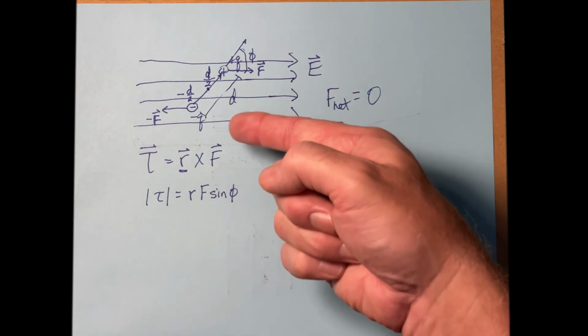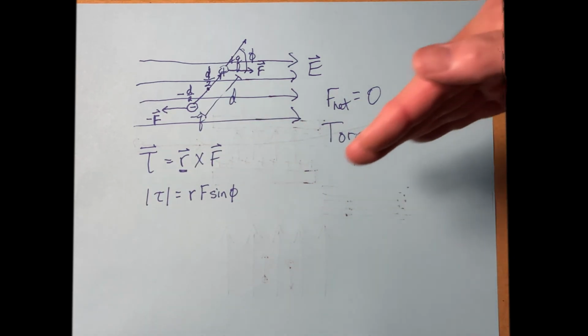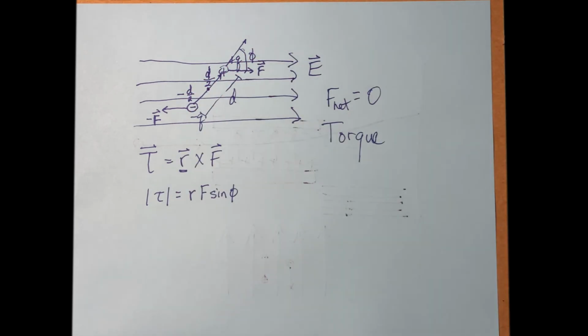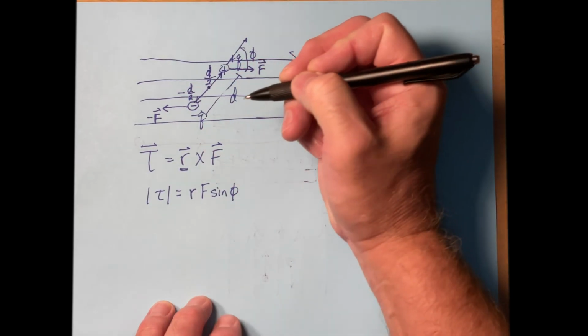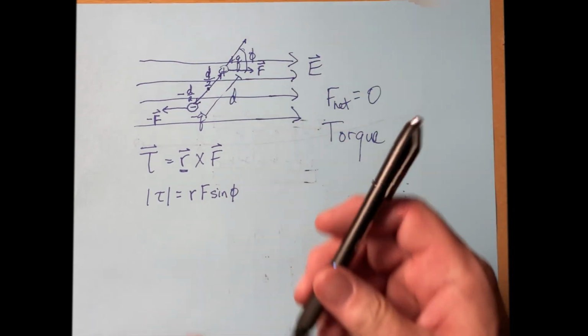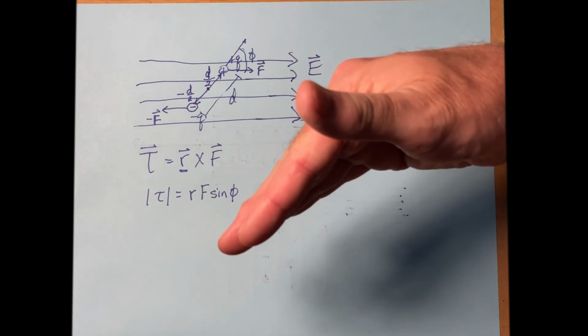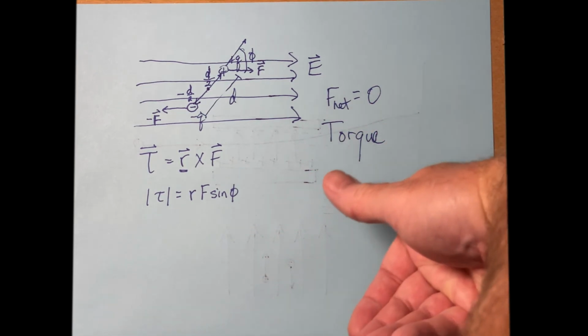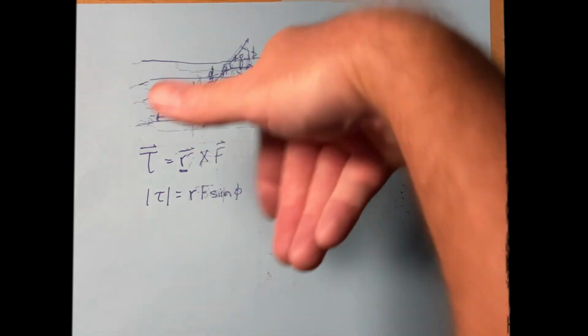Okay, let's check it for the bottom vector. Well, I put my fingers in the direction of the first vector. That's downward here. This right here would be the vector from the center down. And then I bend my fingers in the direction of the second vector. In order to do that, I have to turn my hand over, bend like that. It's kind of difficult to do like this.